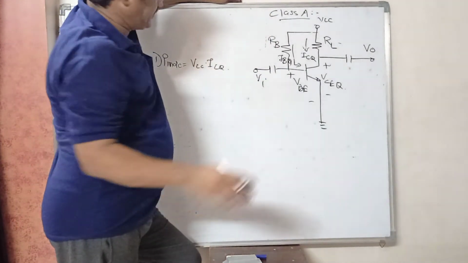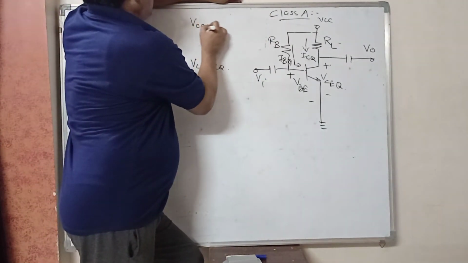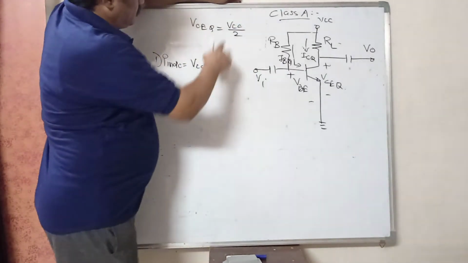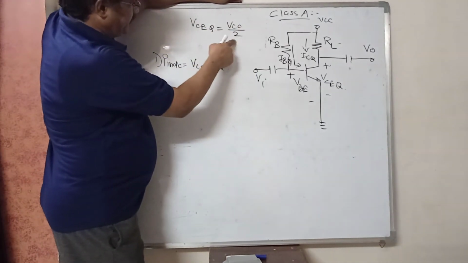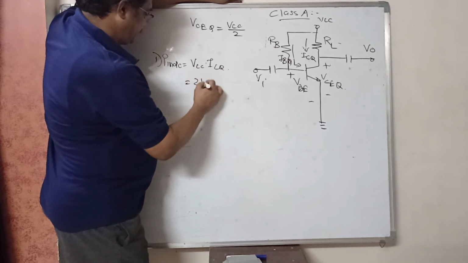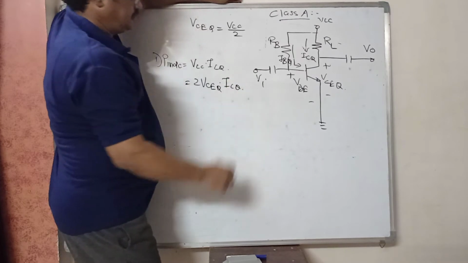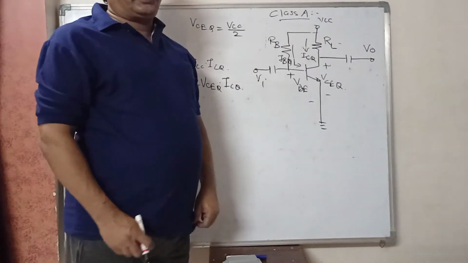So VCC will be 2 times VCEQ. This is class A operation.